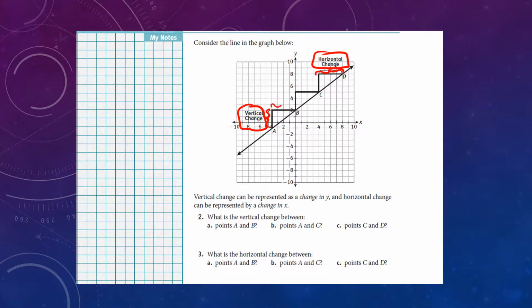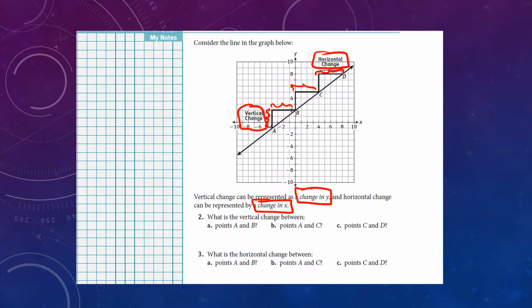This is also a horizontal change right here, and this is also a horizontal change right here. And they say vertical change can be represented as a change in y, because y measures the vertical axis. And horizontal change can be represented by a change in x. We're going to use the delta symbol for change. It's a Greek letter delta. We'll talk about that in a slide or two coming up.